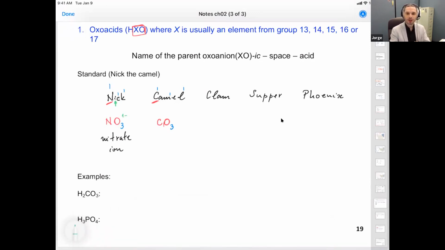The charge of the anion is always going to be negative, and the magnitude of this charge is equal to the number of vowels in the word. Camel has 2 vowels, therefore charge 2 minus.